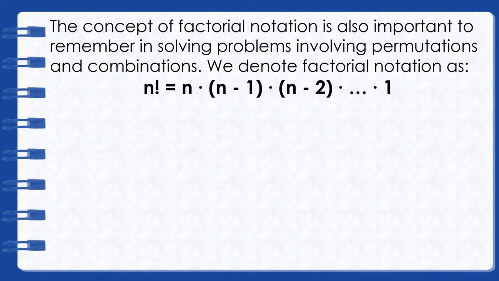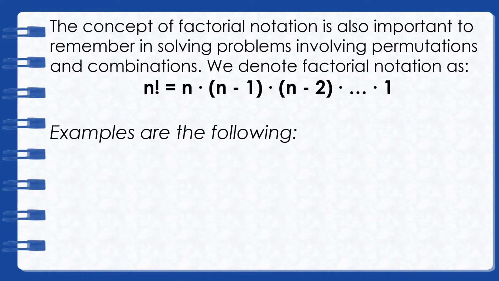It is denoted by n factorial, which is equal to n multiplied by the difference of n and 1, multiplied by the difference of n and 2, and so on up to 1. So here are the following examples.